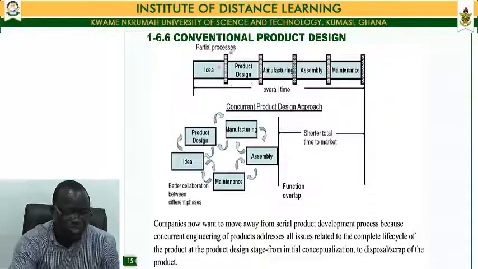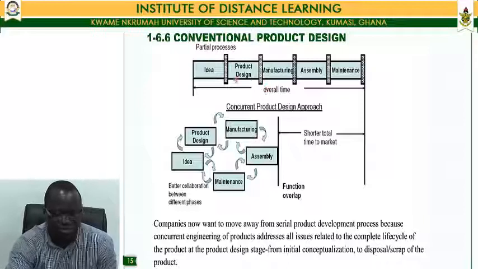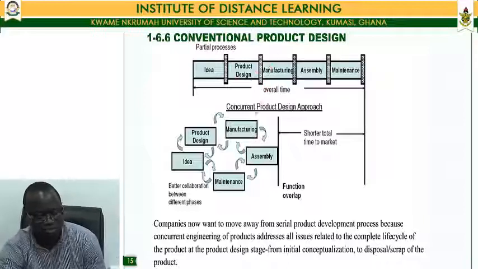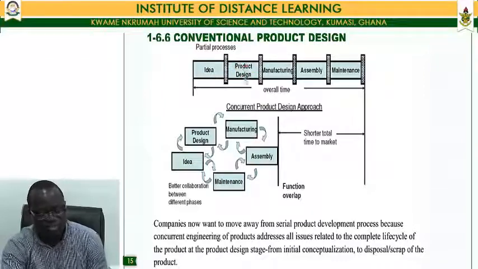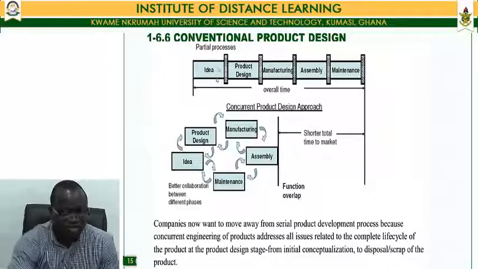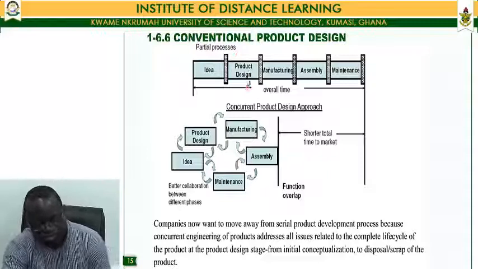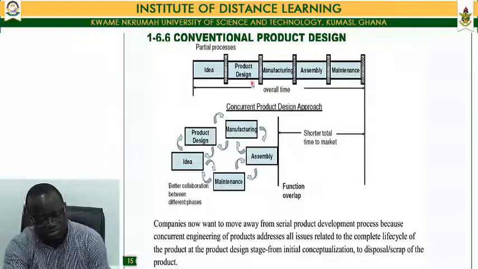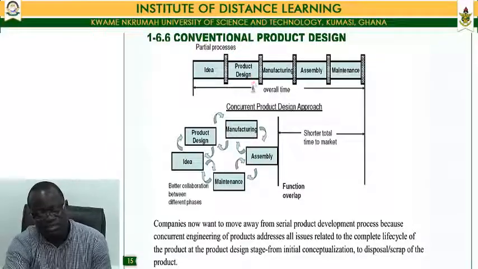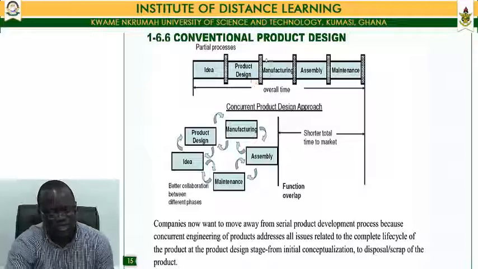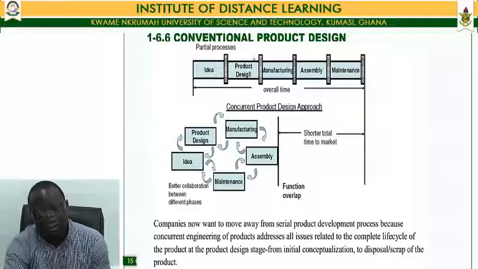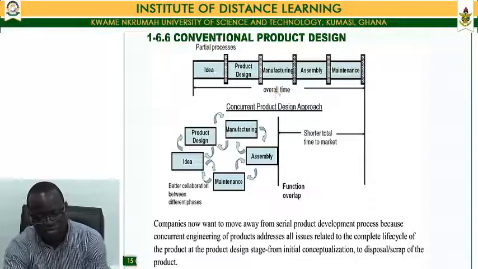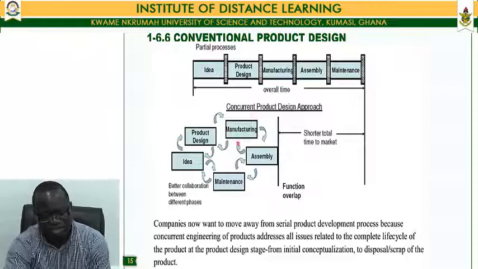Now, you will see this approach was basically called the over-the-fence approach, because nobody knows what was going on in any section. The ideas come, and are thrown over the fence to the product design team. They also sit and work on their own, and once they come out with the design, push it over the fence to assembly and maintenance and the likes.